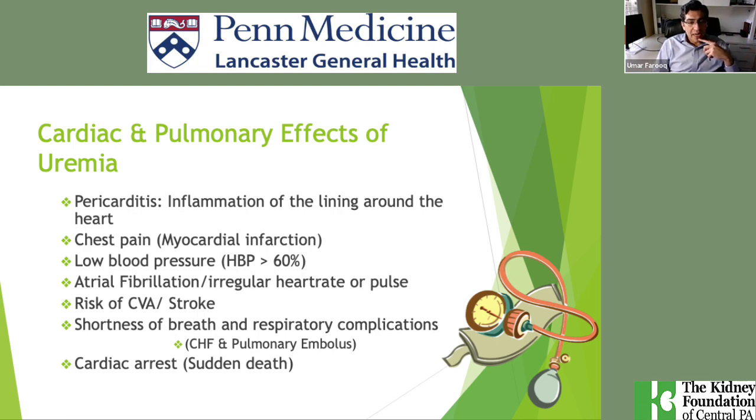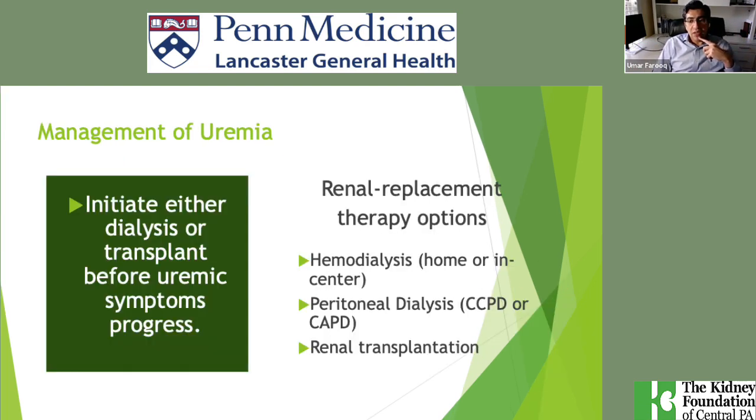So how do we manage this uremia? Really, we need to do renal replacement therapy, which means you have to replace the function of the kidney, whether this is dialysis, hemo or PD, or kidney transplant. Some of the complications like acid base, I think we discussed.